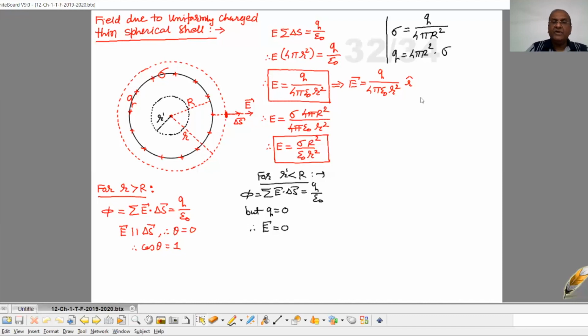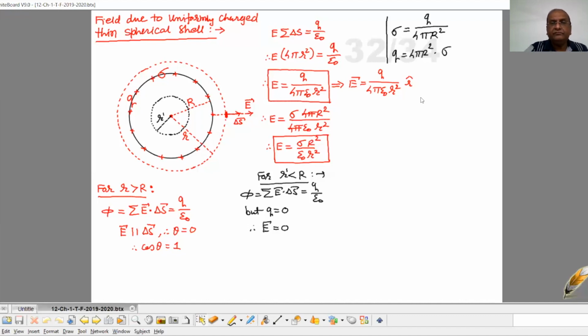So here we can understand that this entire spherical charge distribution behaves like a point charge concentrated at the center of the spherical shell for any point which is outside the shell. Clear to all of you?